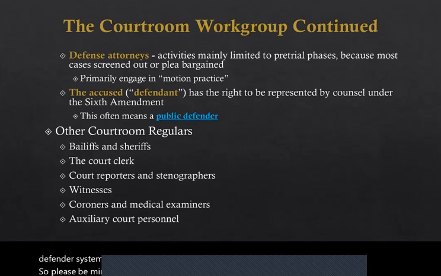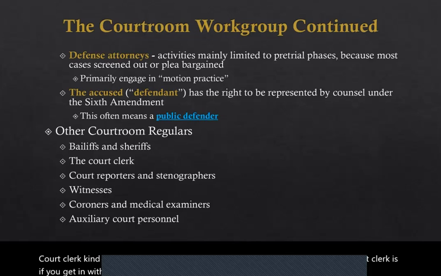There are other courtroom regulars that aren't necessarily considered part of the work group, like bailiffs and sheriffs, right? So the sheriff's deputies are responsible for court security. You have the court clerk, who basically calendars everything, right? The court clerk kind of runs the show for the most part. Even though we say judges do, if you get in with the court clerk, you're good, right?